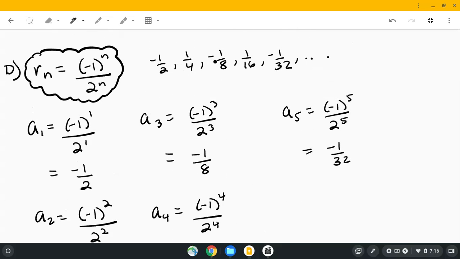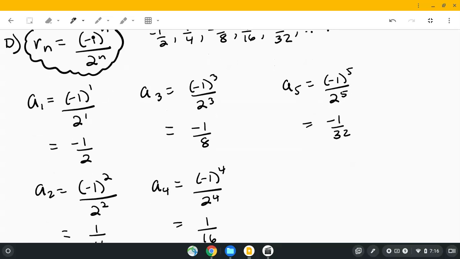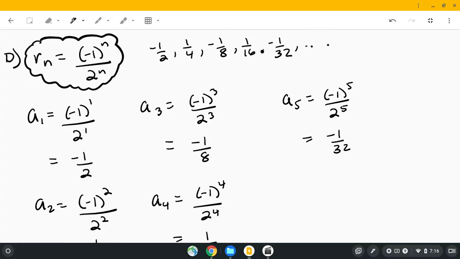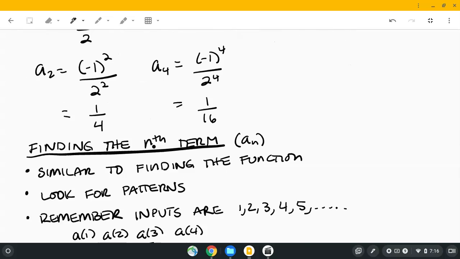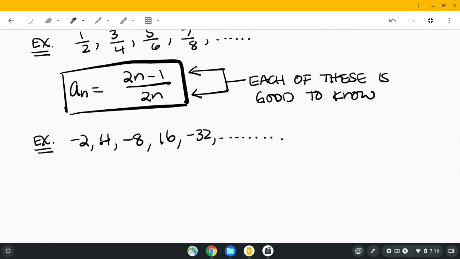Over here, negative, positive, negative, positive, negative, right? And I said when you have that alternating sign, then you have that -1 involved in your formula. Okay. All right. So we have that here. And if it helps you to write this down so that you can try to see a pattern between your inputs and your outputs.